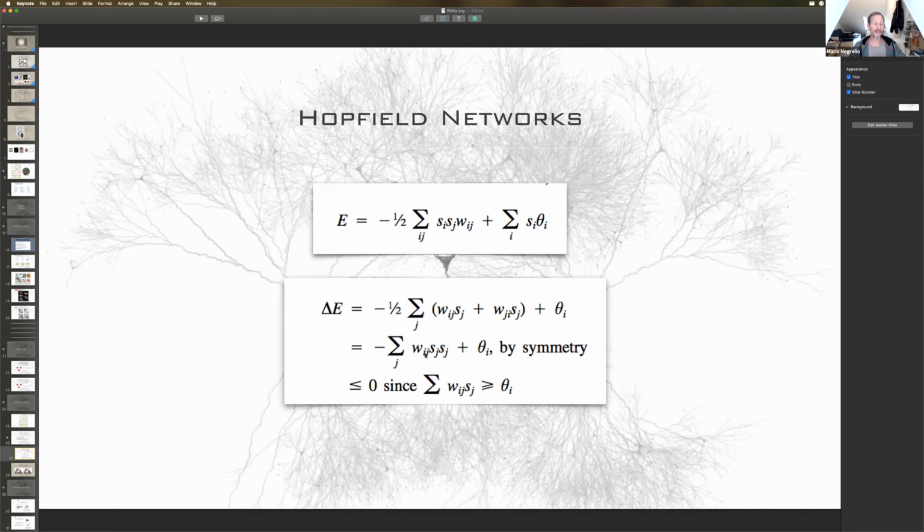Hence, the minus half disappears because it's going to be 2 times wij, because wij is equal to wji. So with reciprocal connections and theta being 0, the total energy of the system is always going to be decreasing at every single step.